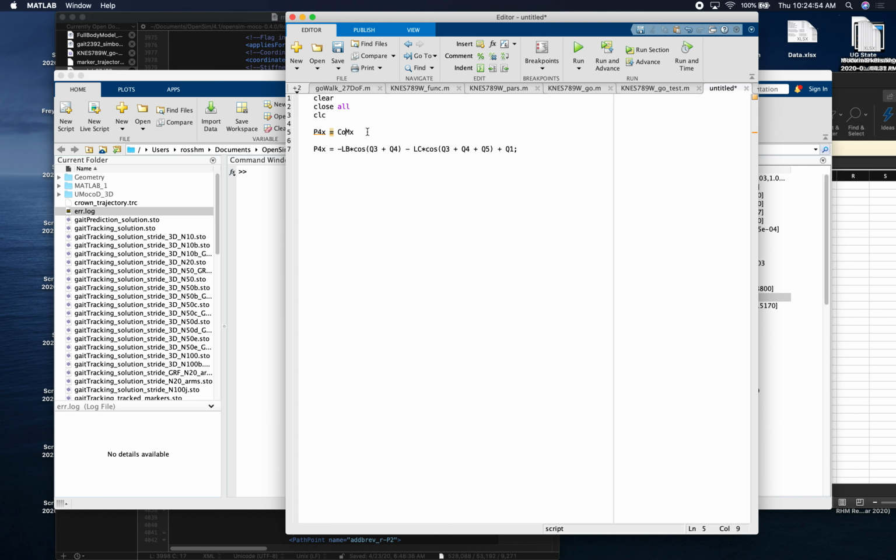So a way around that is to derive an expression for the center of mass of each body in the model, and then the center of mass of the entire system of all of those bodies linked together is just the average of the centers of mass of the individual body segments weighted by their masses relative to the whole body mass. That's not as complicated as it sounds.